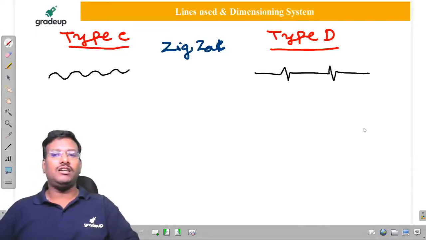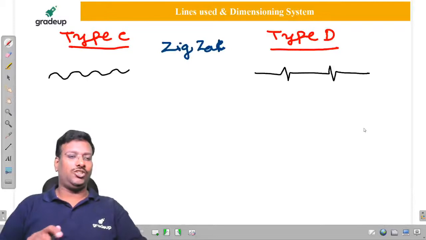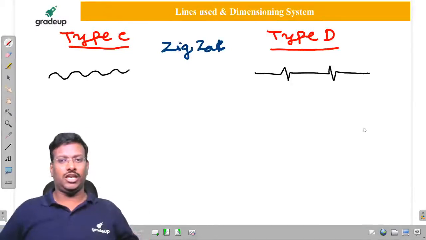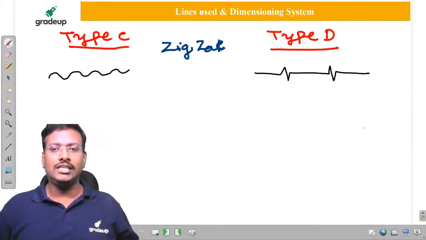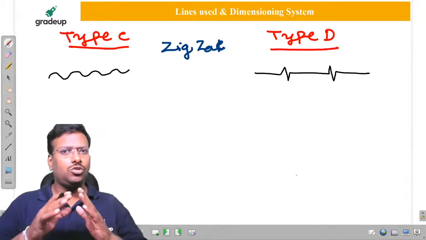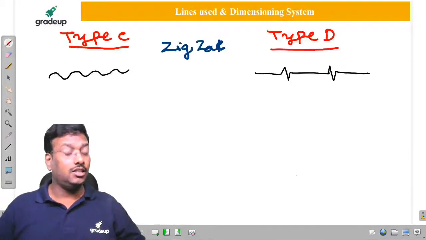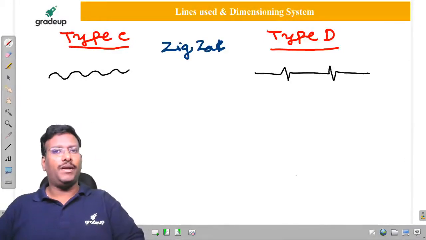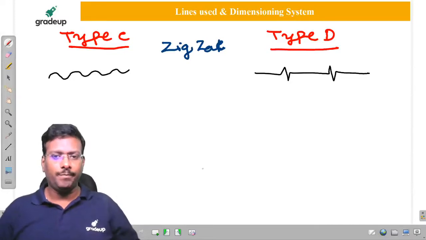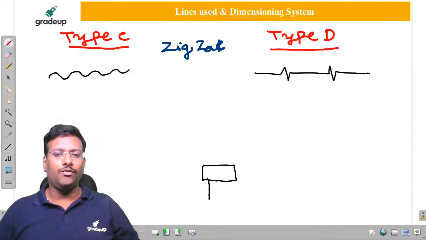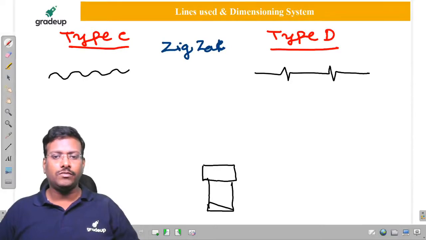Sir, whenever there are long dimensions, there is no change in the properties. For example, a screw jack. I hope the majority of you are aware of this particular element. In order to lift heavy loads, they use screw jacks.